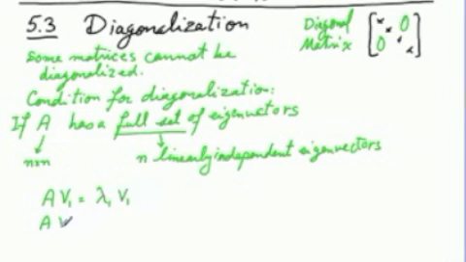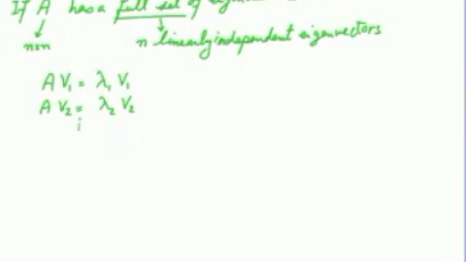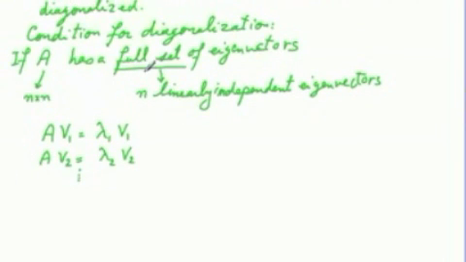If you multiply by the second eigenvector, that eigenvector gets stretched by some factor, and so on. Suppose that we actually do know that our matrix really has all the eigenvectors that we need. It has all the n eigenvectors. In that case, all the way to the very last of these eigenvectors, you have the same relationship.